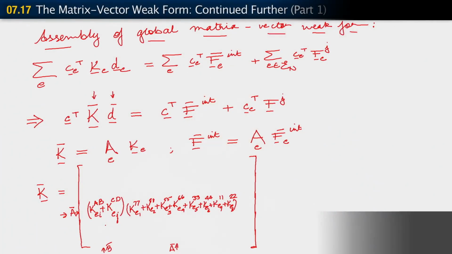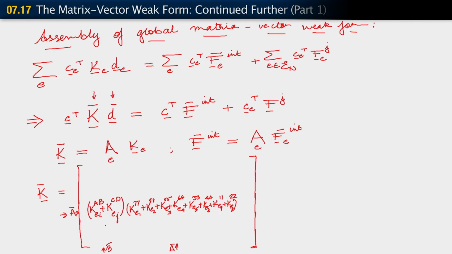But note in particular that once you have the mesh connectivity information and the local element conductivity matrix for each element, it's actually a fairly simple matter to slot them into their global positions in the global conductivity matrix.